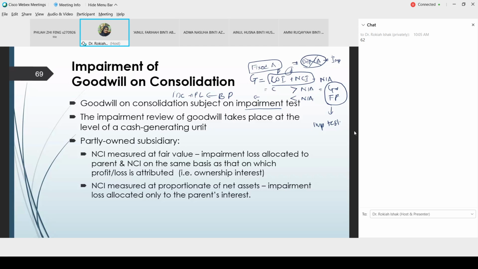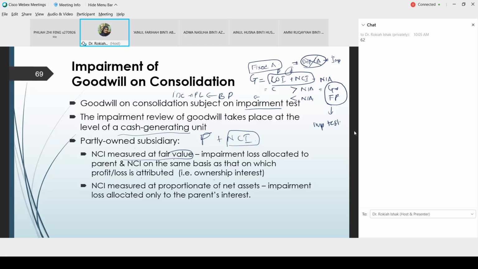The review of goodwill takes place at the level of cash generating units, meaning as a whole. For a partly owned subsidiary, meaning not 100%, where we have a portion for the parent and a portion for the NCI, if the NCI is measured at fair value, the impairment loss is allocated to the parent and the NCI on the same basis as that on which profit or loss is attributed, based on the ownership interest.